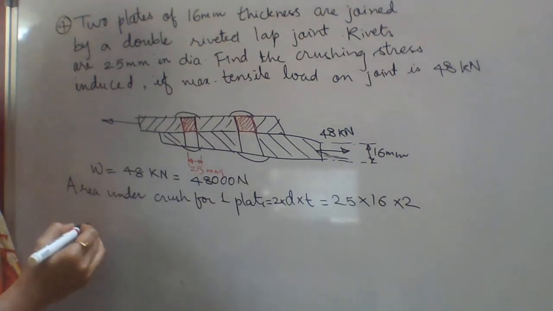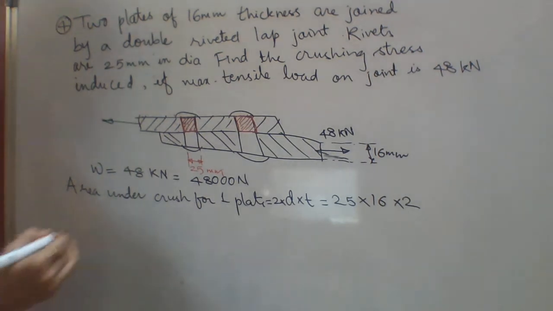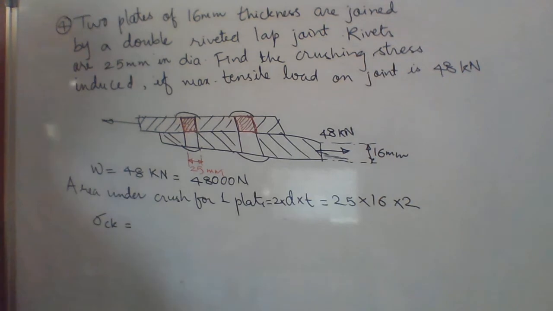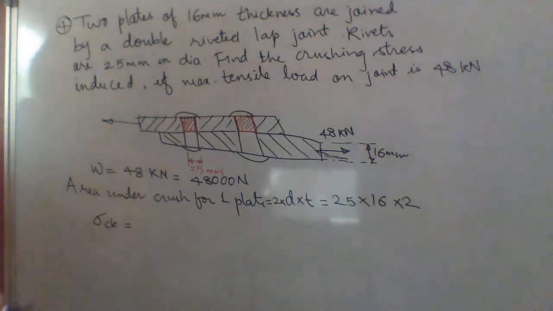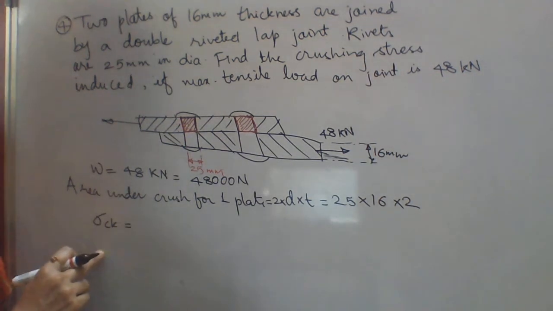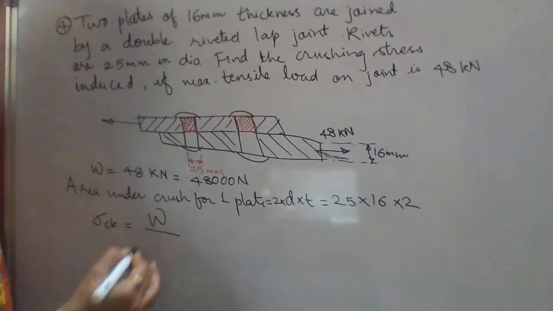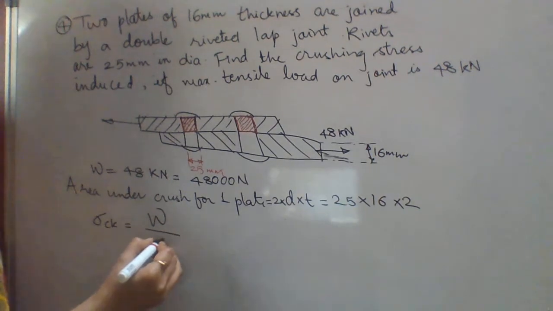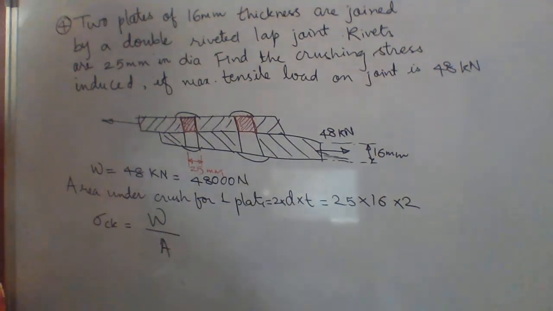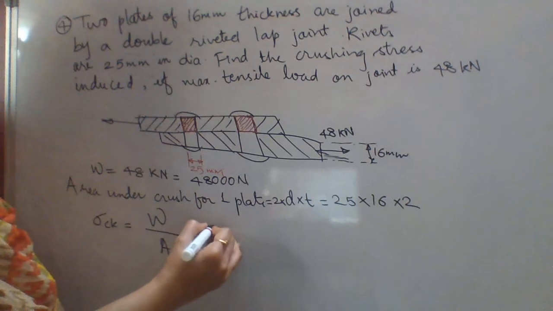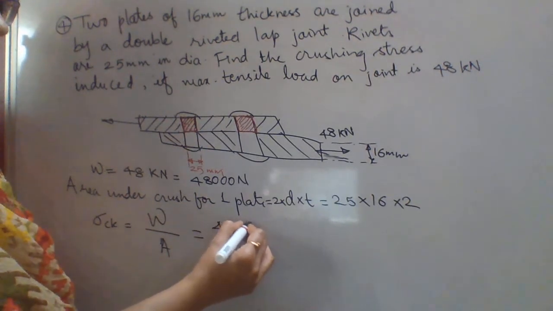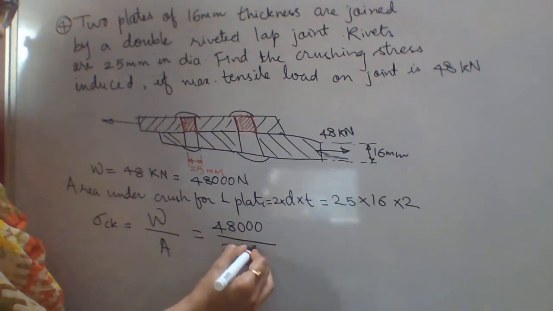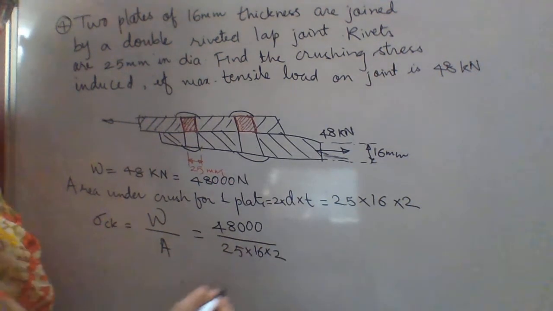So we have to calculate the crushing stress. Whatever the stress, the formula remains the same, load upon area. So the stress induced in crushing will be the load which is going to induce the crush, divided by the area under crush. So load is 48,000 Newton, divided by area, 25 into 16 into 2.